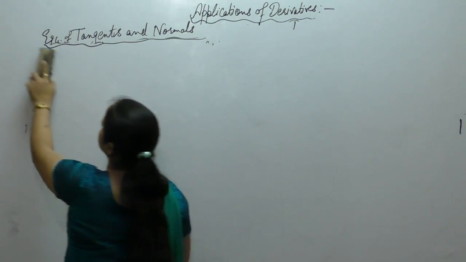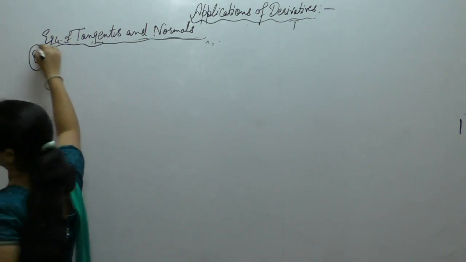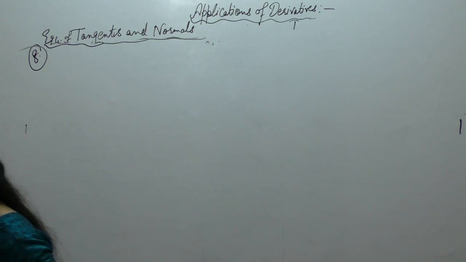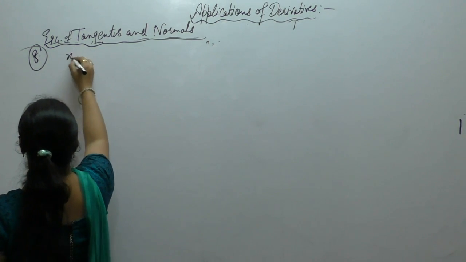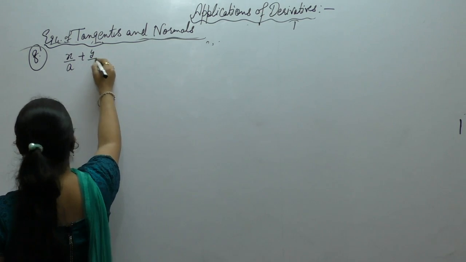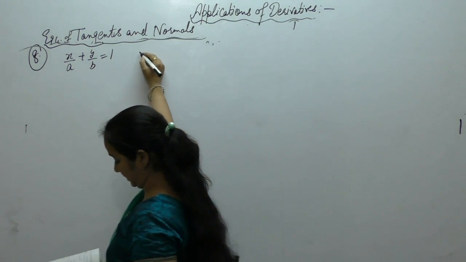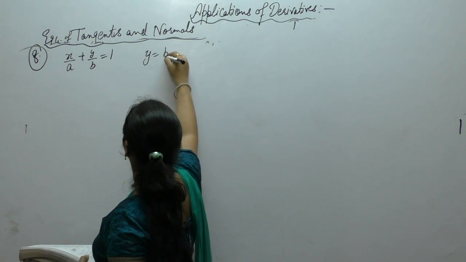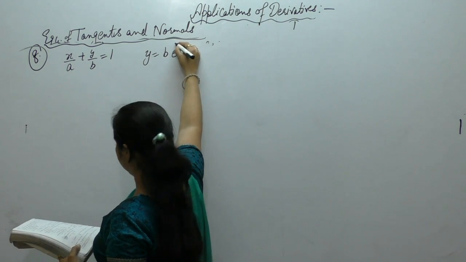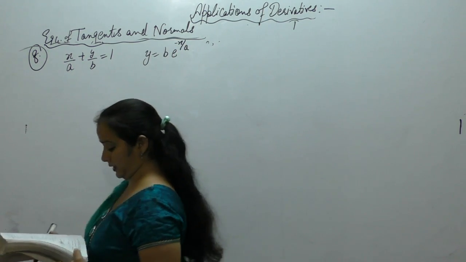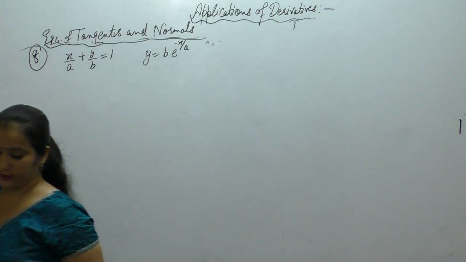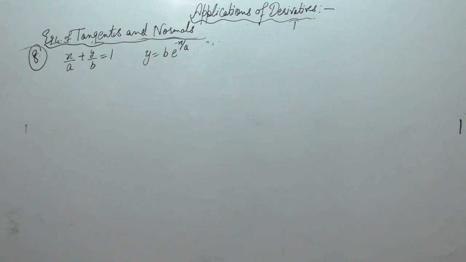Now the next one is, show that the line x upon a plus y upon b is equal to 1 touches the curve y equals b into e power minus x upon a at the point where it crosses the y-axis.